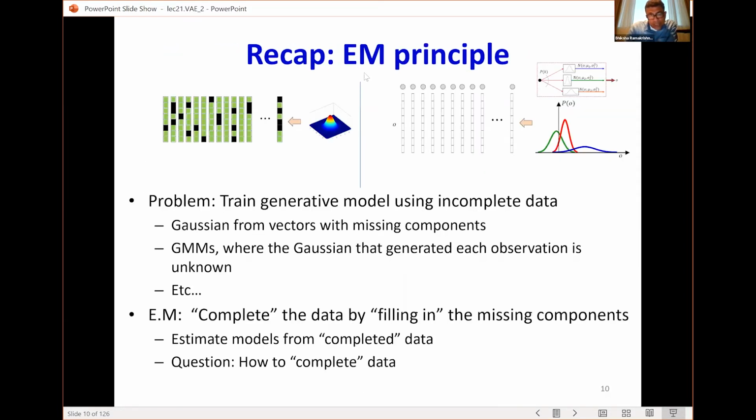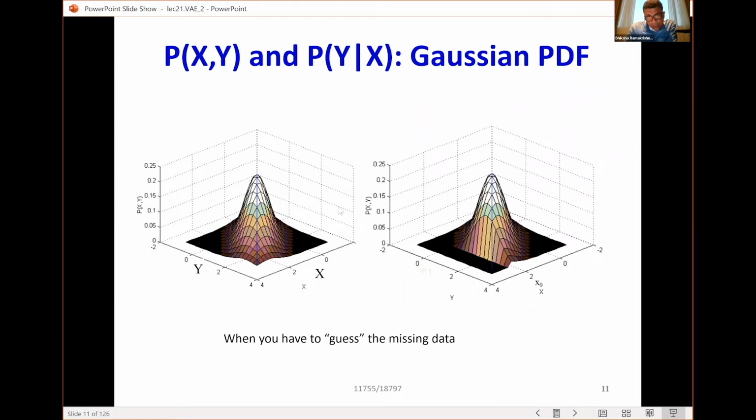So how exactly do we fill in these missing components? What is the mechanism we use to decide how to fill in these missing components? So let X be the observed component and Y be the missing component. In the case of the Gaussian, because it's a Gaussian distribution, X and Y are jointly Gaussian.